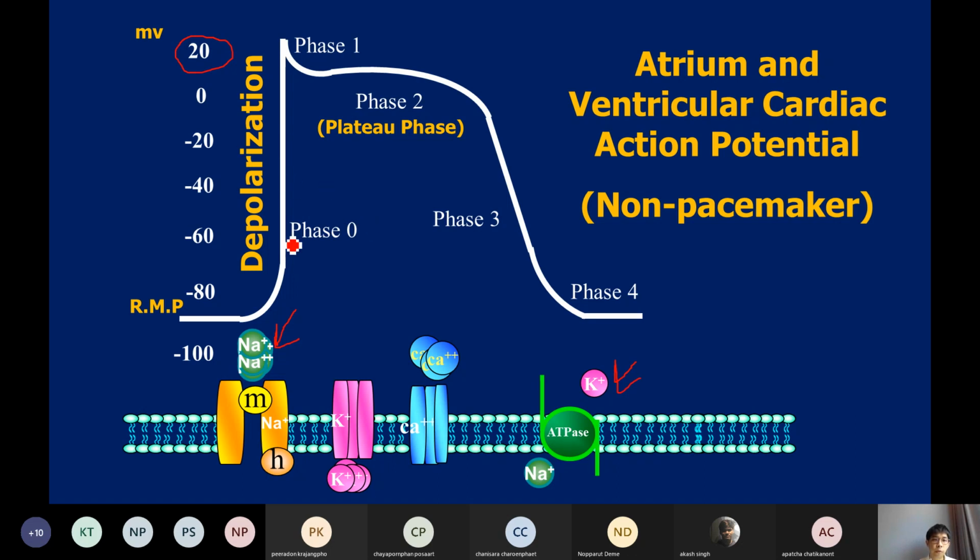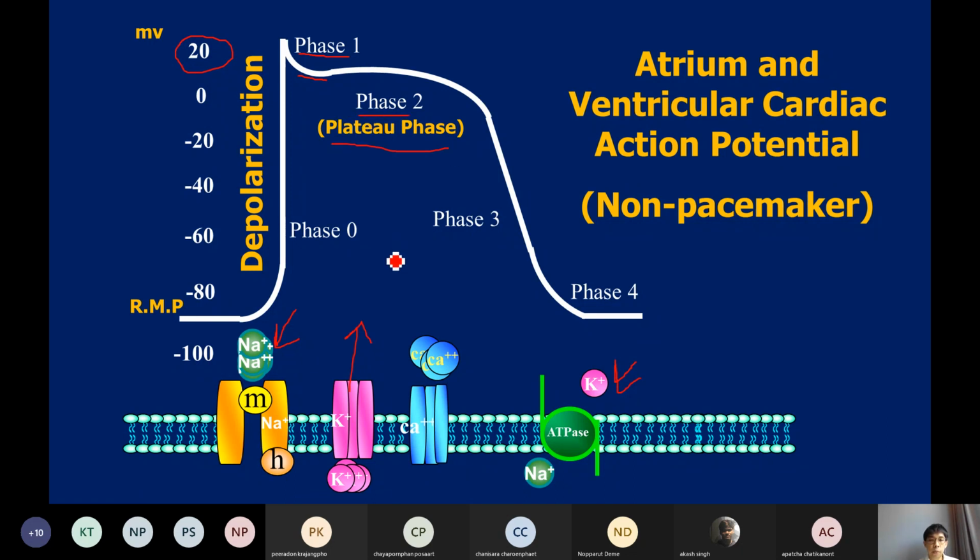After phase zero finishes, the cell enters phase one. In phase one, the membrane potential is less positive. This is caused by the outflow of potassium, which is also a positive ion, flowing out of the cells and leading to a less positive membrane potential. After phase one, the cells enter phase two, which we call the plateau phase.